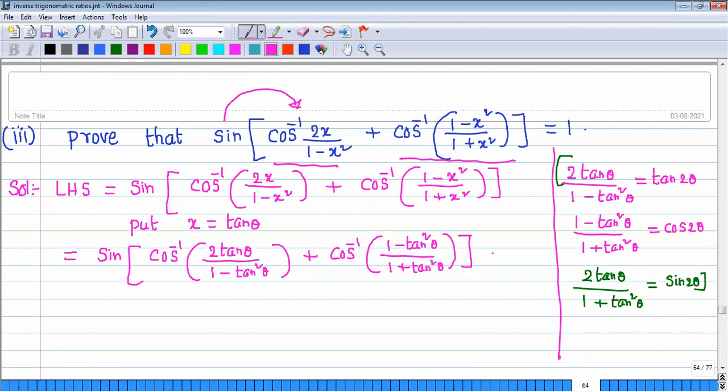Let us make use of these formulae. 2 tan theta by 1 minus tan square theta is tan 2 theta, and 1 minus tan square theta by 1 plus tan square theta is cos 2 theta. So we have sine of cos inverse tan 2 theta. Sorry, this is not cos inverse, this is cot inverse.